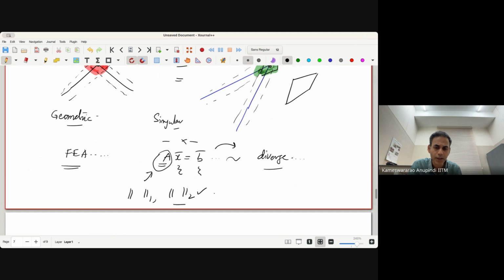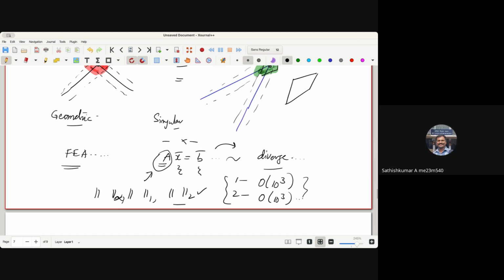Typically the two norm is the most widely used, but any other norm can also be picked. If the condition number is large based on one norm, it is going to be large based on any other norm as well. It may not be exactly equal, but if one norm gives you order 10 power 3, then the two norm also will give you order 10 power 3 and so on.